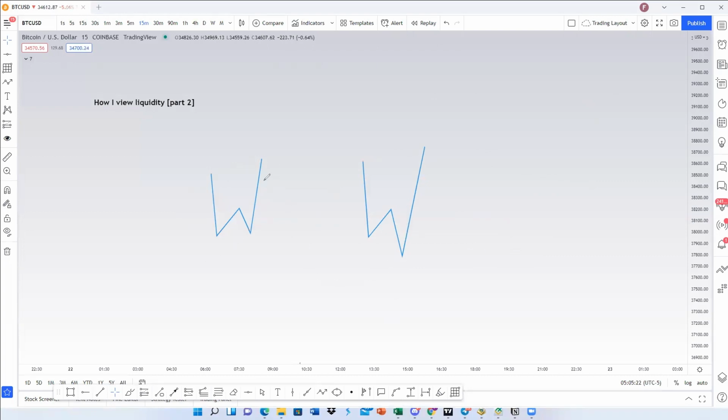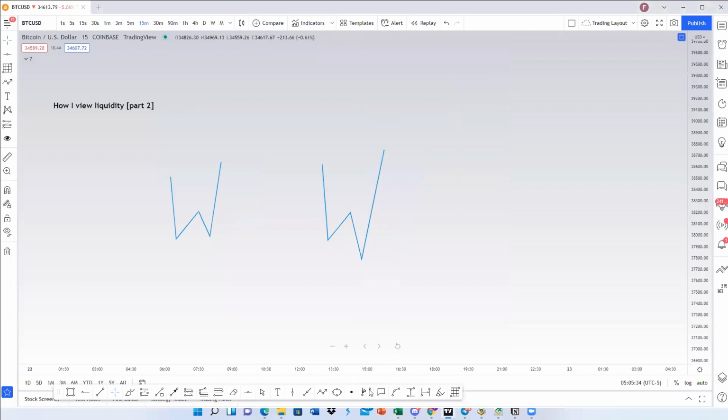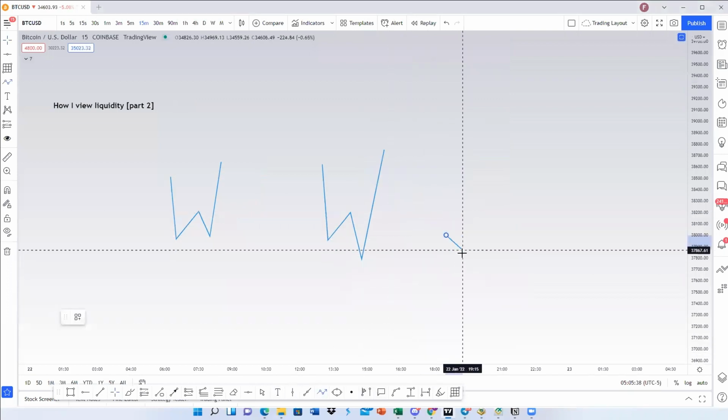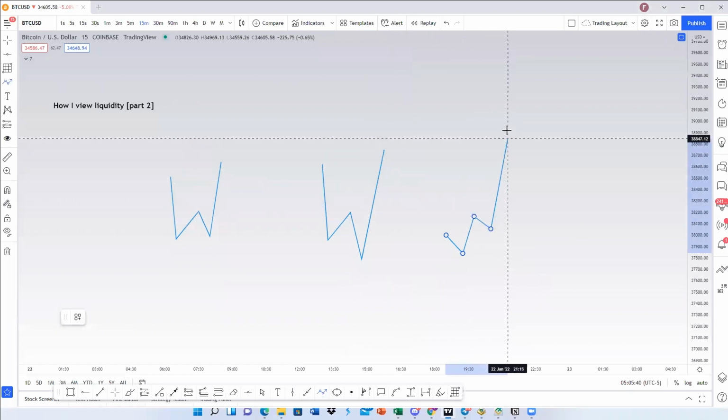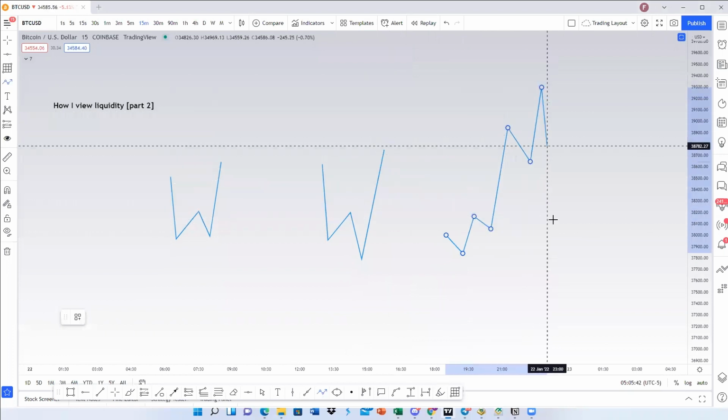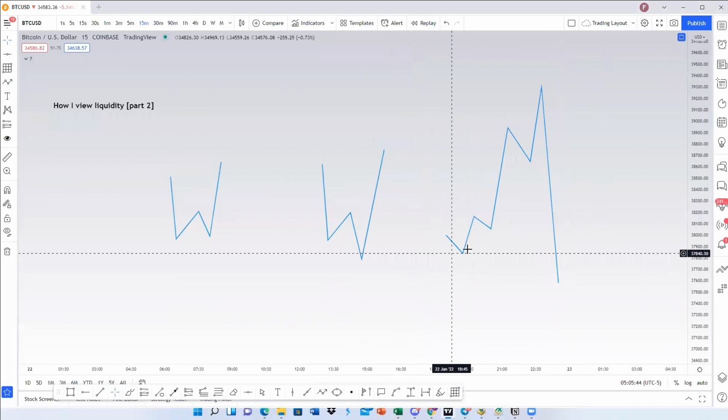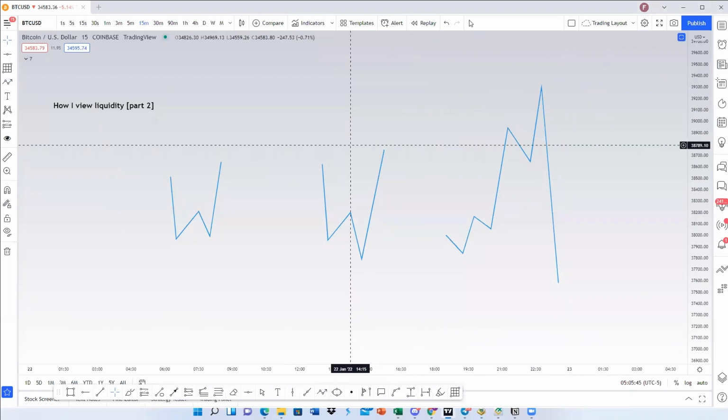Now, what happens when price breaks low resistance sell-side liquidity? That's the question. What can we see? Let's say that we have some low resistance here. We go up, we break, and then we break down here. So now we break down and we take out low resistance sell-side liquidity right over here.